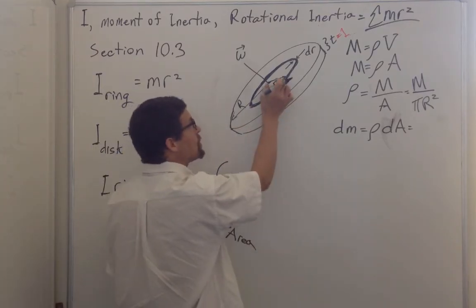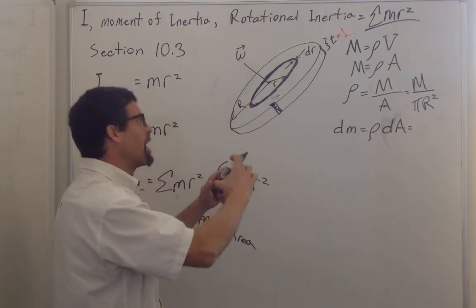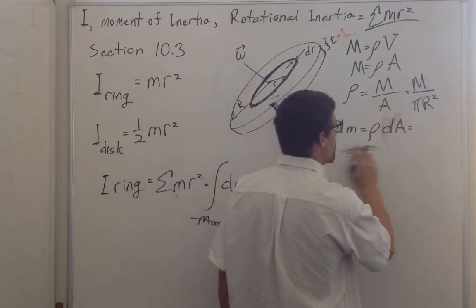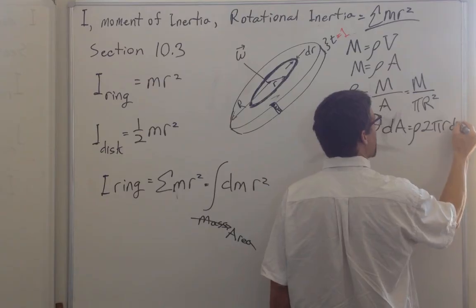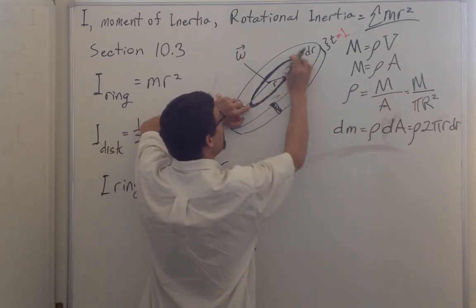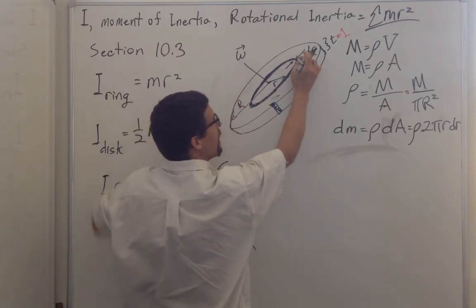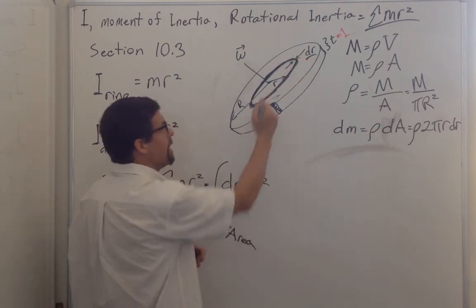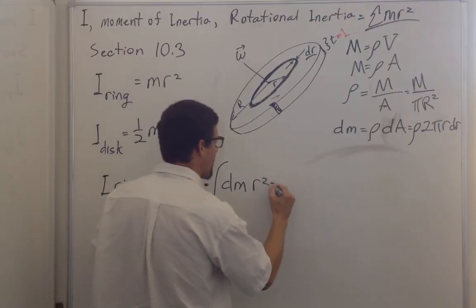Well, I'm going to use an area that is a ring because I know that I can get the whole ring and it all has the same radius. So I'm going to write this as equal to rho times 2 pi r dr. Okay, because the area of this ring is the length times the thickness. The thickness is dr, the little infinitesimal radius, and the length is 2 pi r, the circumference of the ring.